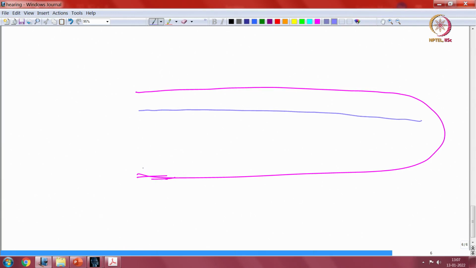I have exaggerated the taper. This is something called the helicotrema. Now this whole thing is the basilar membrane.